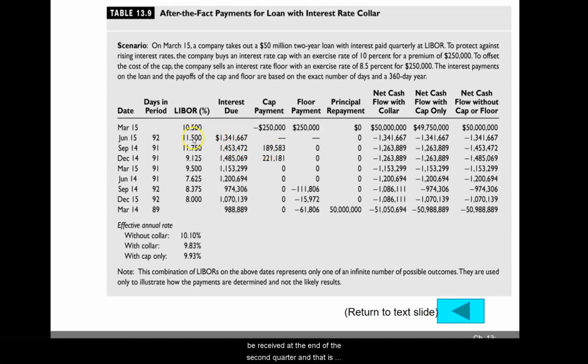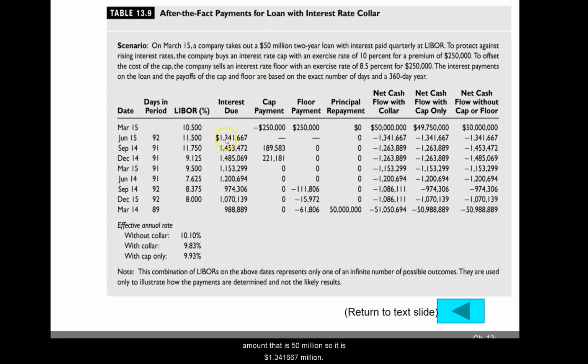So it will be 11.5% minus 10% multiplied by 92 divided by 360 and multiplied by the notional value, that is here equal to 50 million. So that is 189,583. Then the interest on the loan for the first quarter will be calculated as 10.5%, the LIBOR at the start of the loan, that is March 15, multiplied by 92 divided by 360 multiplied by the loan amount, that is 50 million.